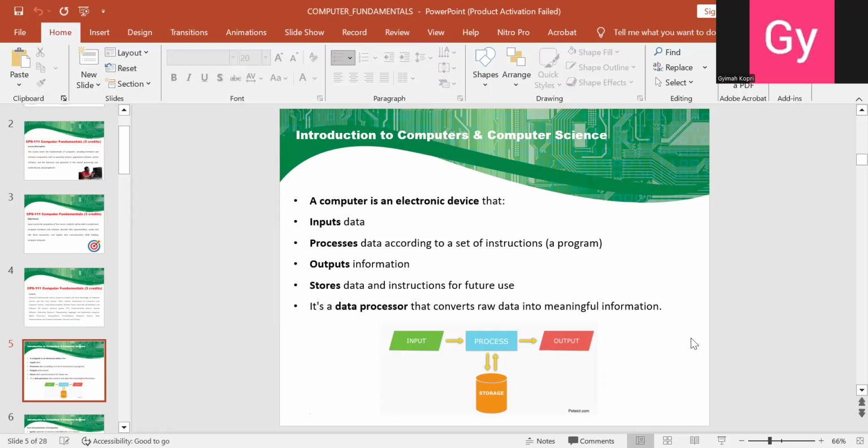Basically, we have the input. Don't forget, that is where we always put our data. When the data gets into the process or the central portion, something is done to it, or there is some kind of processing. After it has been processed, it will either come out through the output device or it is stored as stored information.